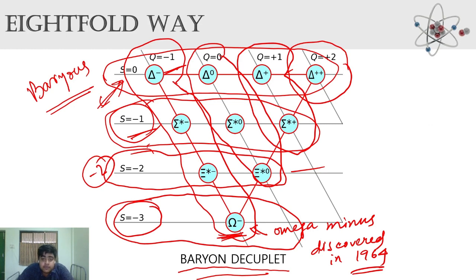Now, in Buddhism, there's something known as the Eightfold Path. It is something which we can find in Buddhism, and it states that there are 8 distinct ways by which a man can attain enlightenment.